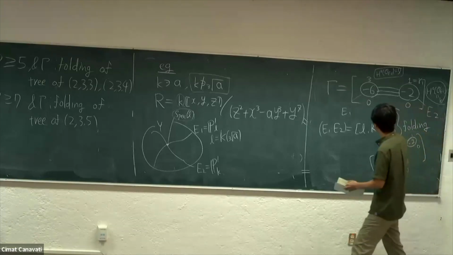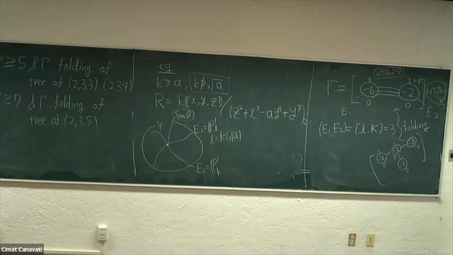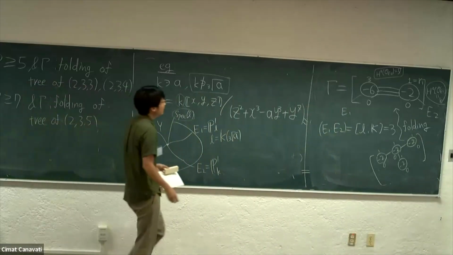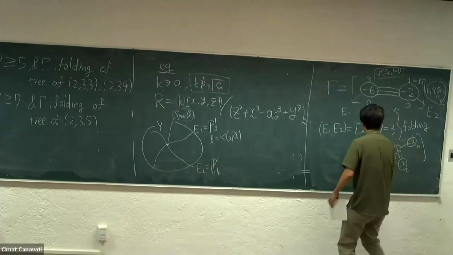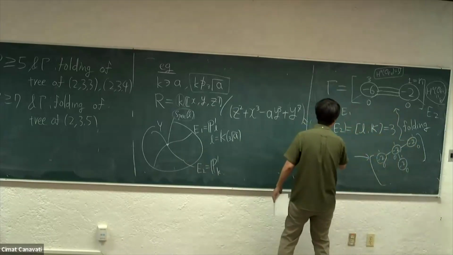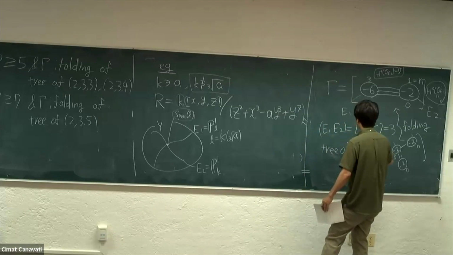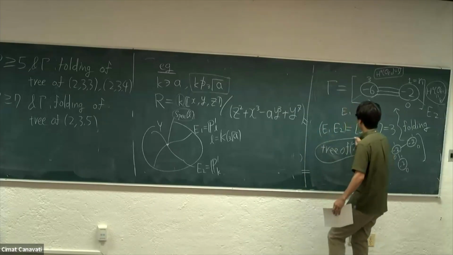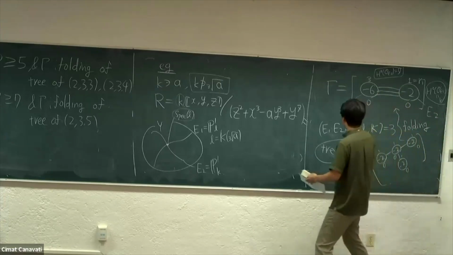So for example, this graph is a 3 of 2, so this gamma is a folding of 3 of 2.